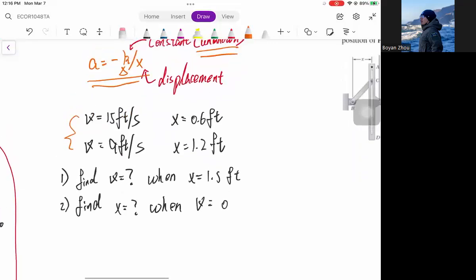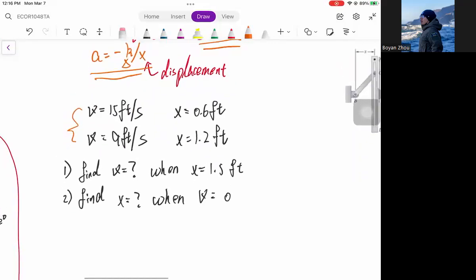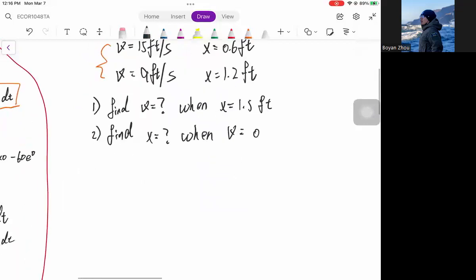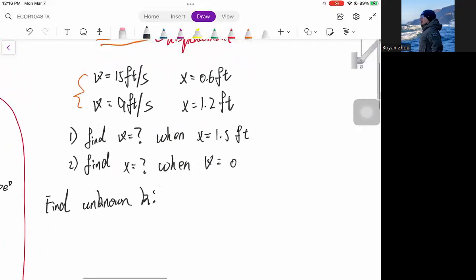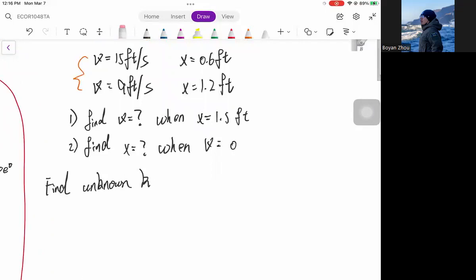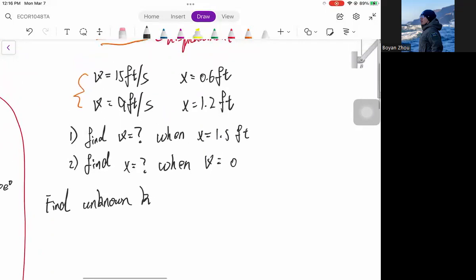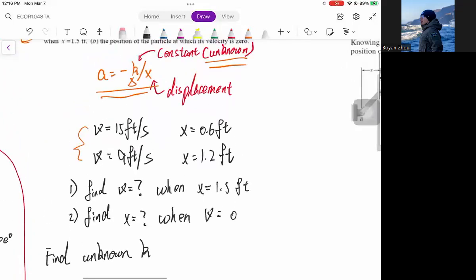So our first step is finding the value of the unknown K using the known conditions.